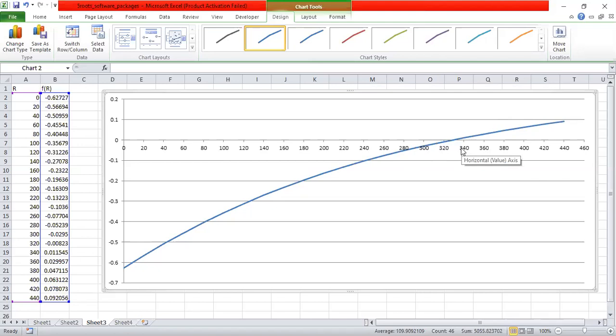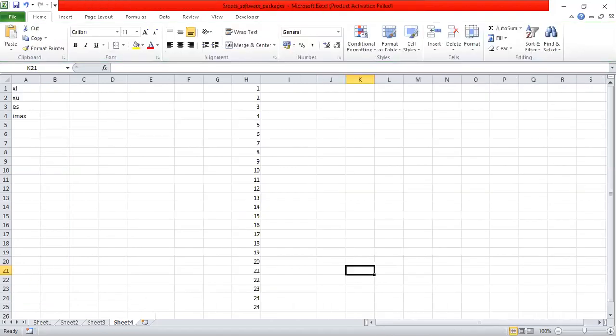So we are going to use our initial guess with the lower limit as 320 and the upper limit as 340. So let's go back to another sheet.